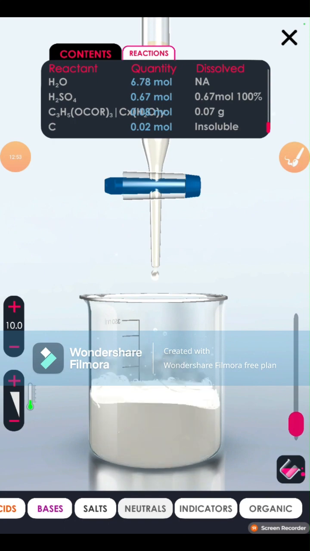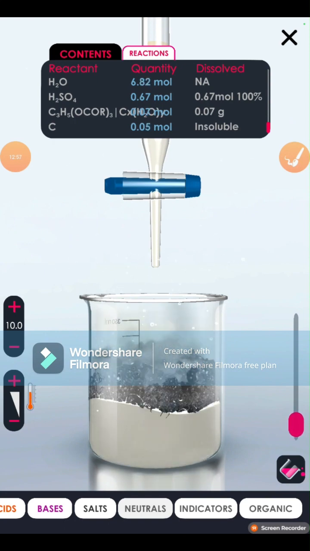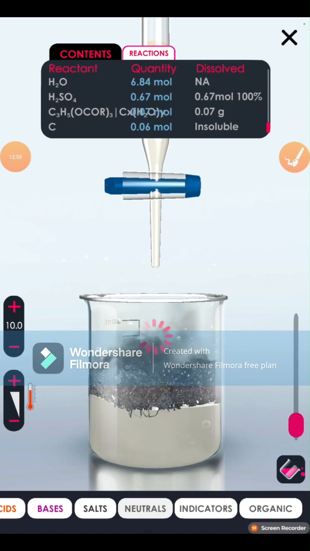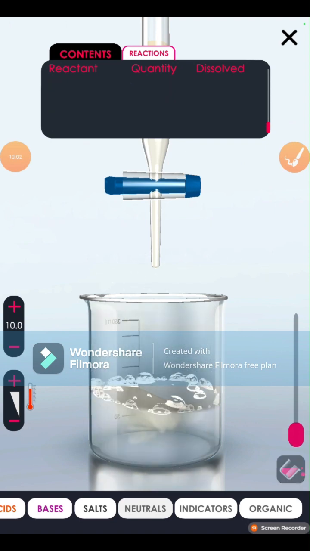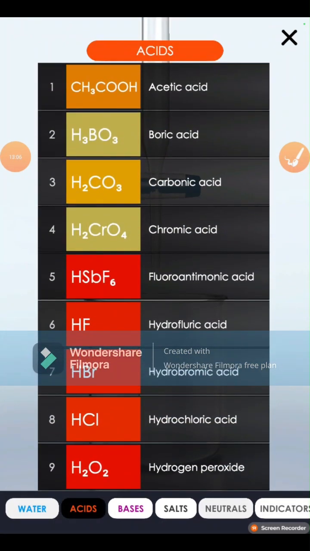As you can see, the temperature is rising and it's getting very fast. As you can see, black fumes over there. You don't have to put the indicator first and then the acid, as a blast could happen. So let's first pour the acid or base, then use indicators.